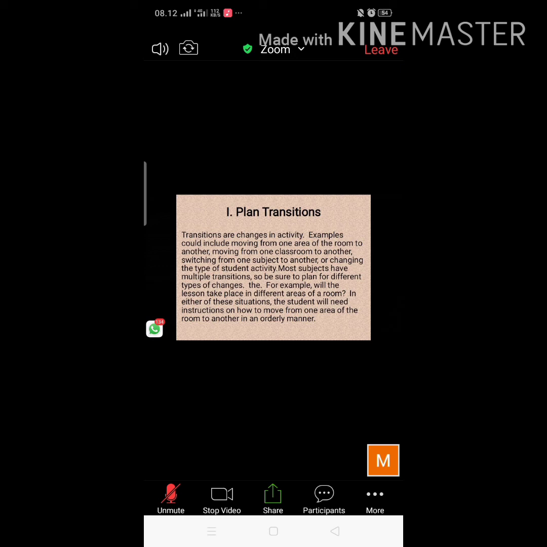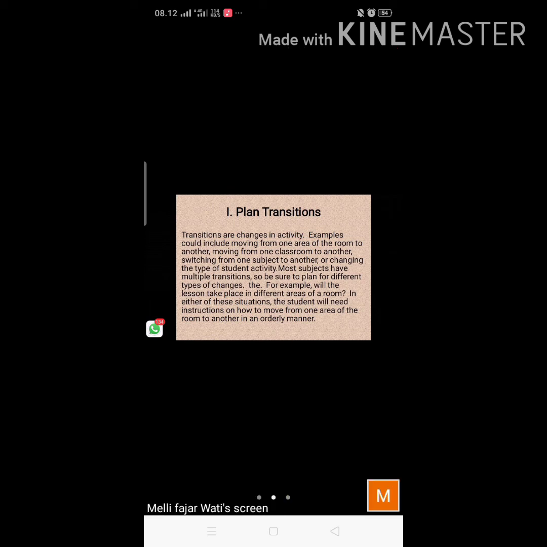For example, will the lesson take place in different areas of a room? In either case, the students will need instruction on how to move from one area of the room to another in an orderly manner. Okay, next. Okay, thank you.